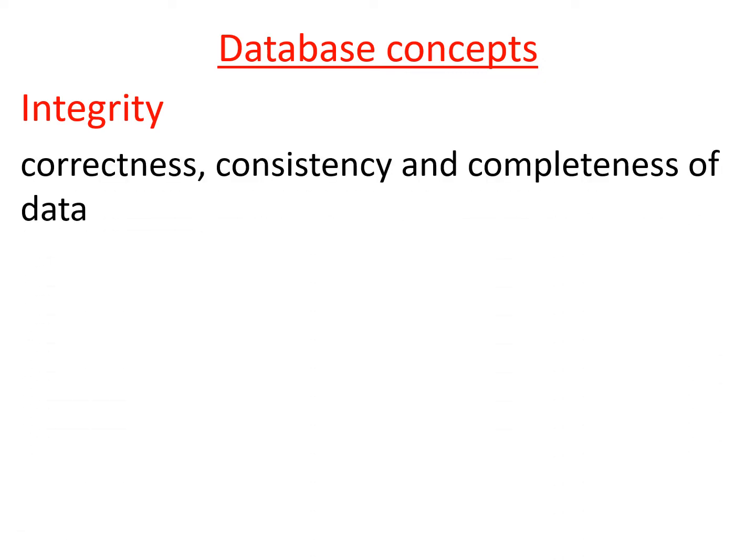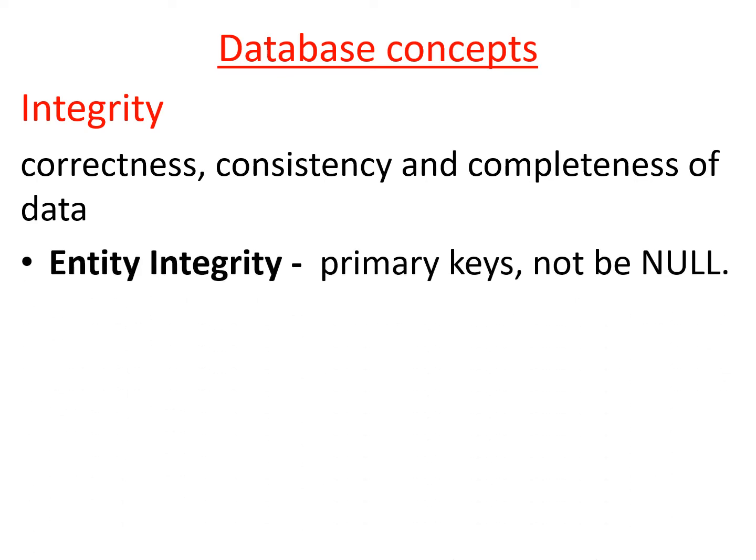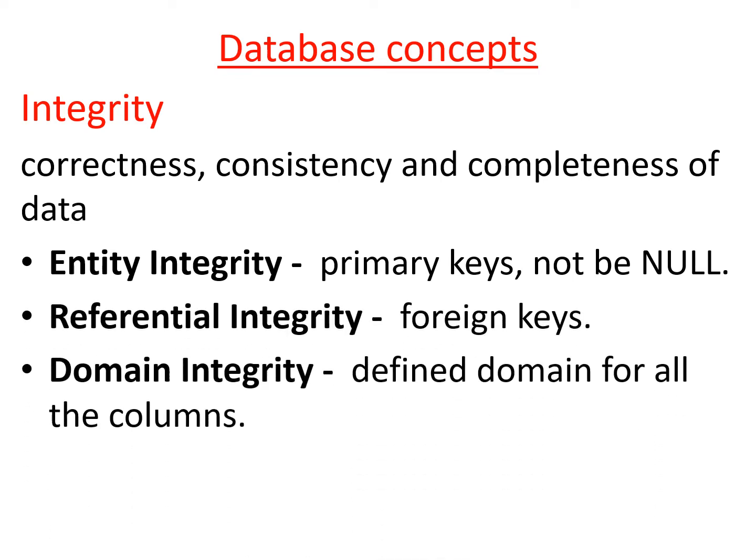Next, database concepts regarding the important term integrity. What is meant by integrity? Here you have to say that the data which you have has correctness, consistency, and completeness. This is the definition of integrity. Here we have three integrities: entity, referential, and then domain integrity. What is the difference between these three?